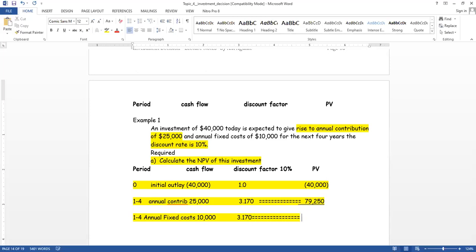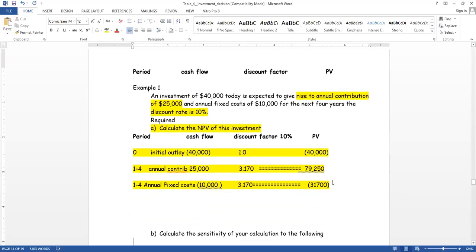So that gives me 31,700, and remember the fixed cost is in bracket, because it is an outflow. If I had variable costs also I would include them, but I don't have variable costs.